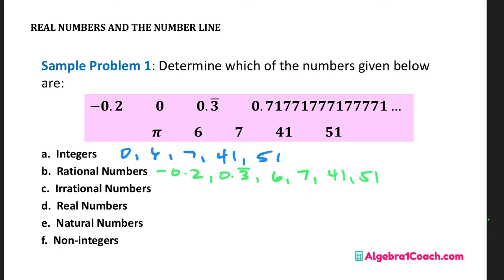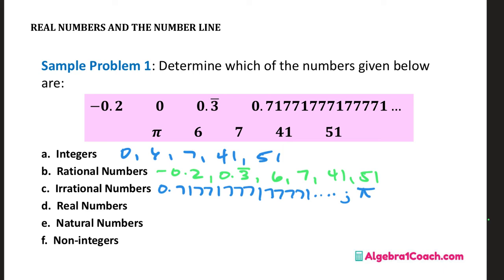So now for the irrational numbers. An irrational number is going to be a number whose decimal is not terminating and it's not repeating. So of course that's 0.7177 and then it's 1, and I see that that 7 is now written 3 times, and now it's written 4 times, and it's going on. That's definitely irrational. And of course, this famous one, pi.